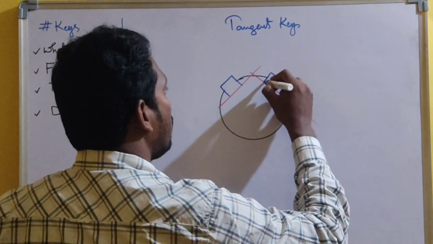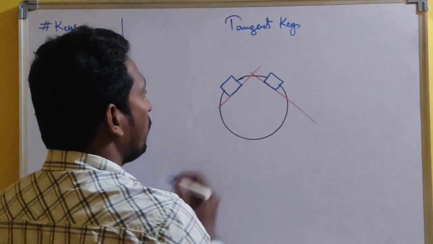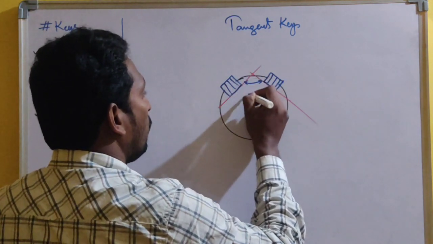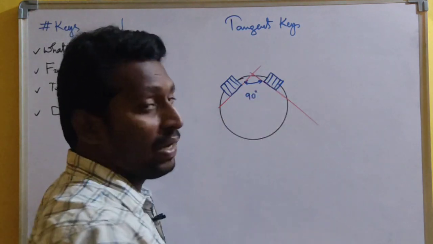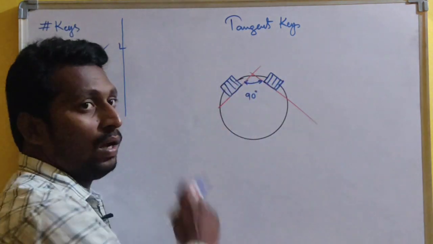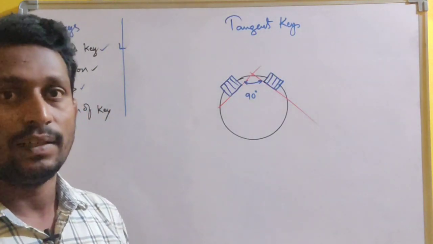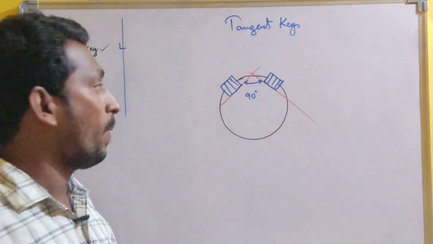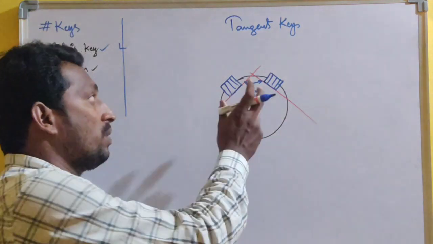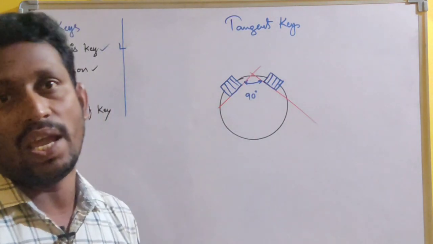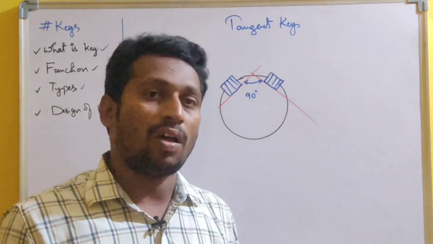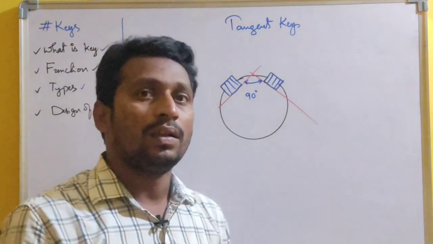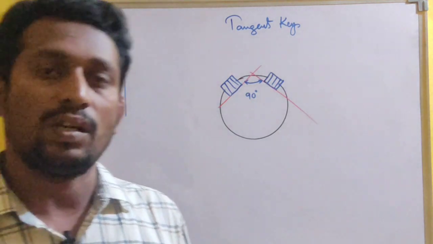These two keys are arranged at a right angle, meaning these two keys make a 90 degree angle. This way the two keys are inserted in the solid shaft. These keys give high strength when high torque is transmitted through the shafts. They are preferable for very high torque transmitted through the shafts.